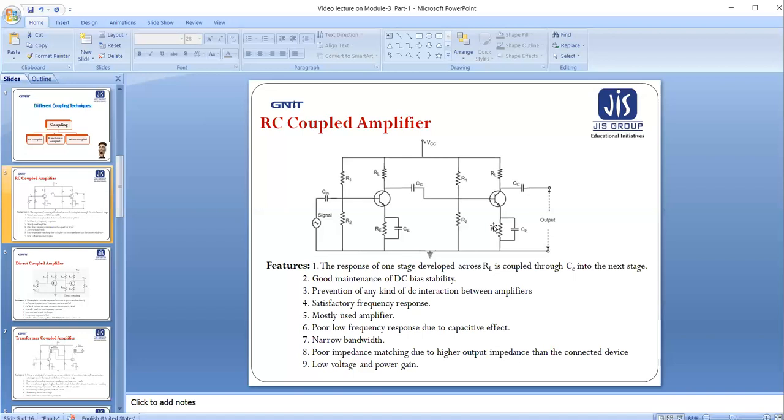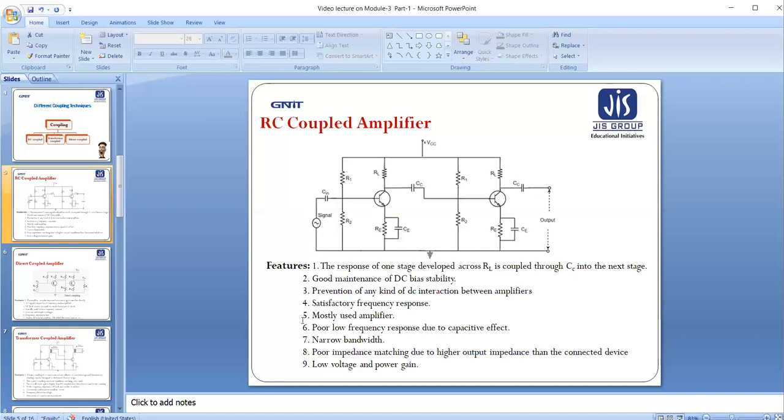That means it is purely an AC amplifier. If we apply any DC signal instead of this alternating signal, the DC signal will be blocked by this C-in, so there is no possibility for the amplification of the DC signal.